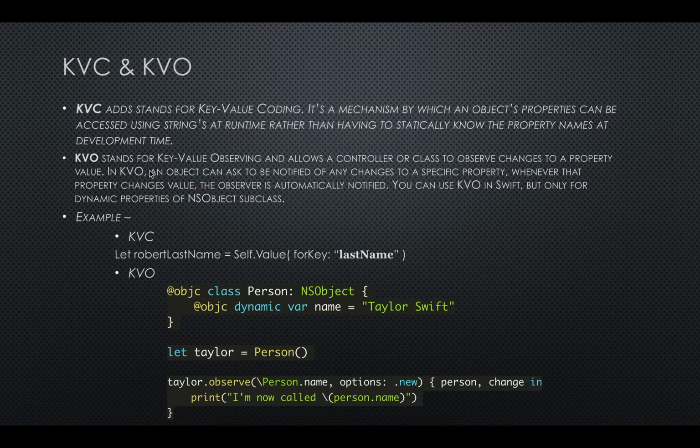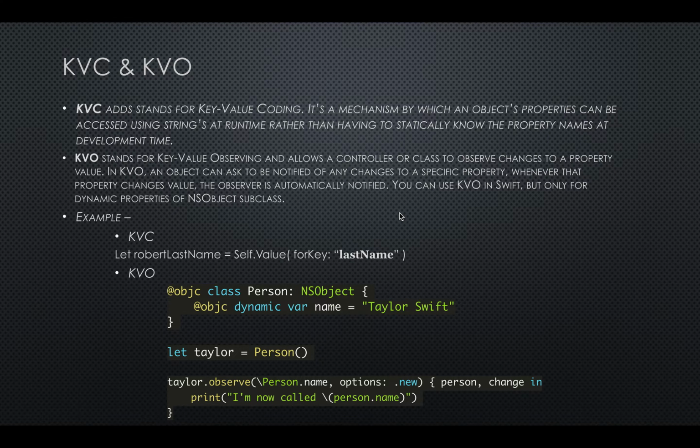KVO is very interesting. This stands for key value observing. Let's just read it. KVO allows a controller or class to observe changes to a property value. In KVO, an object can ask to be notified of any changes to a specific property. Whenever that property changes value, the observer is automatically notified.